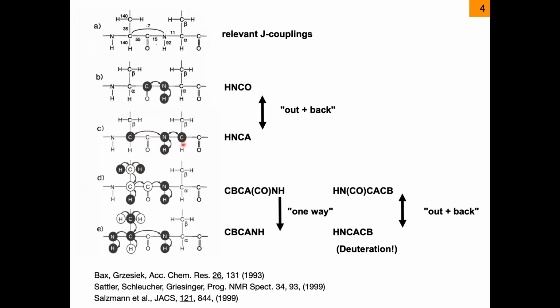You can do this one way, but in the case of deuteration, where you don't have protons on the side chains or alpha, you could also go out and back, starting from HN to N, and then CO, C alpha, C beta.